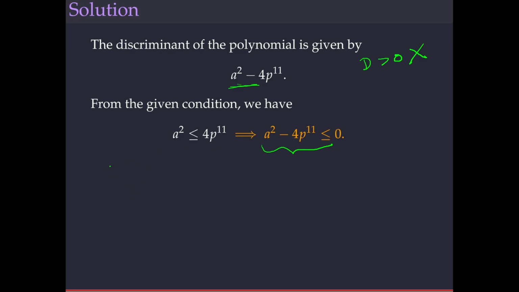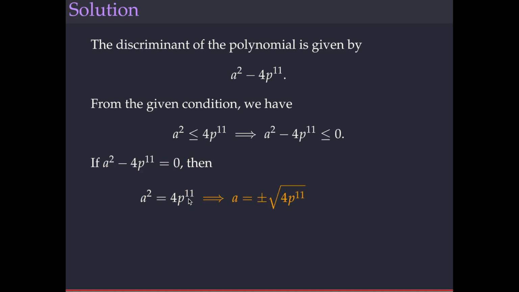So there are two possibilities: it's either equal to 0 or less than 0. Since this is easier, let's analyze what if it equals 0. If a square minus 4p to the power 11 is 0, then a square is 4 times p to the 11.